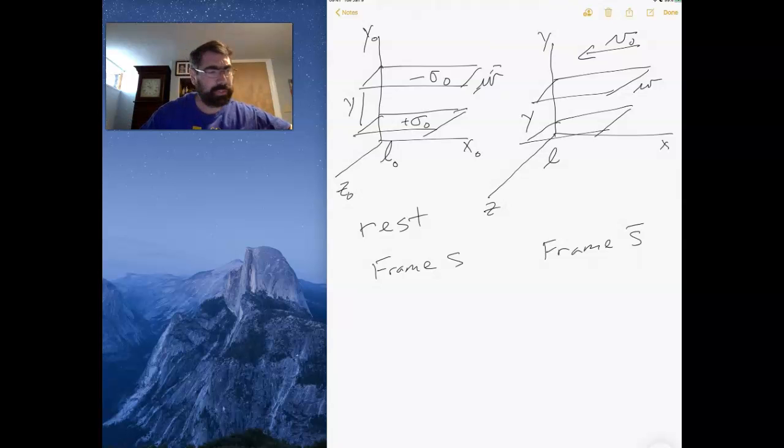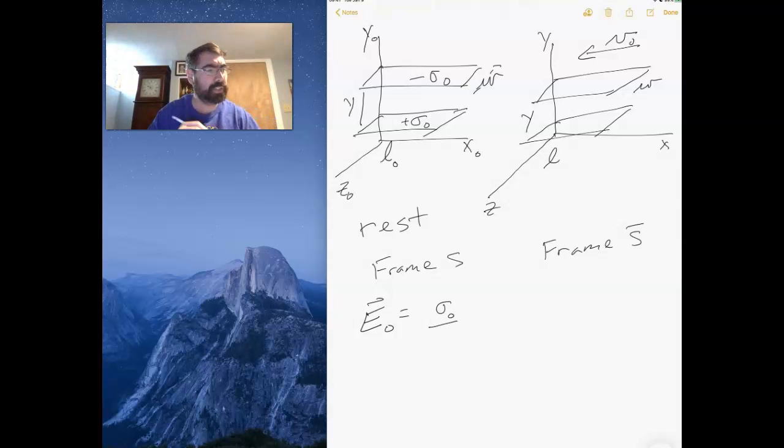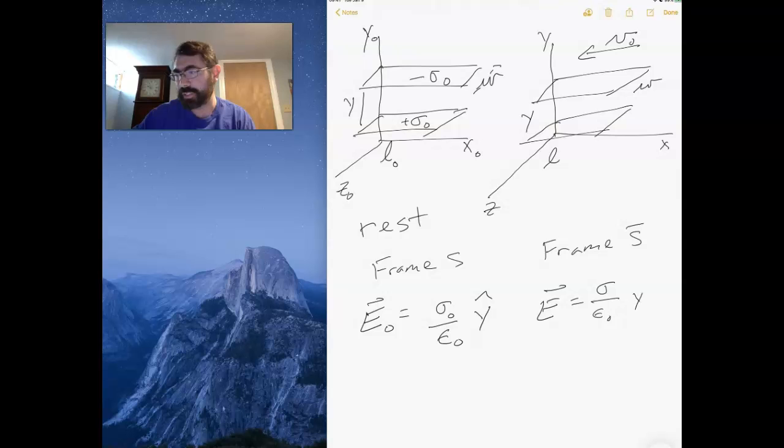So in frame S, the electric field would be sigma 0 over epsilon naught in the y direction. In frame S bar, it would be sigma over epsilon naught in the y direction.